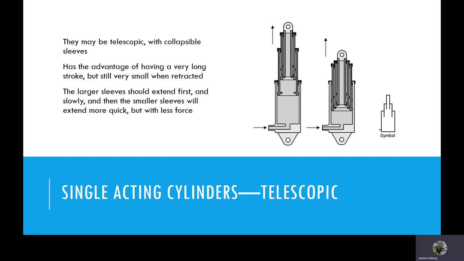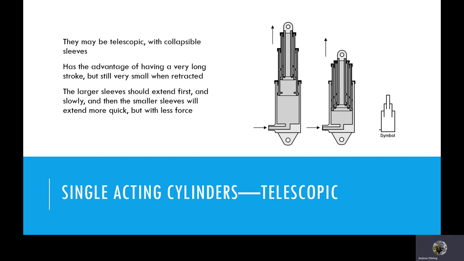Another variance on this is a telescopic cylinder. Now this particular one here looks like it's used as a projection ram. These kinds of cylinders are very useful in telescopic crane booms, for instance, which is a great example of these. And literally, it's just a bunch of cylinders that are stacked together. The thing about these telescopic cylinders and rams is they have a lot of seals on them.